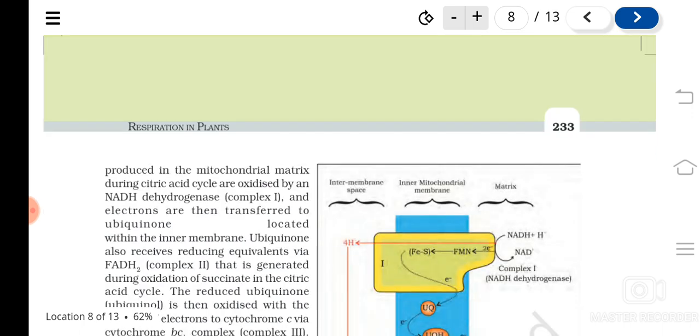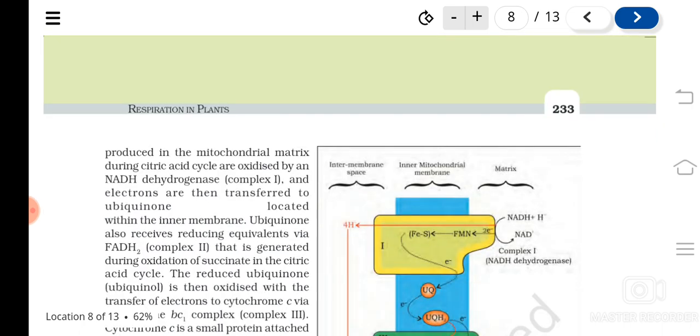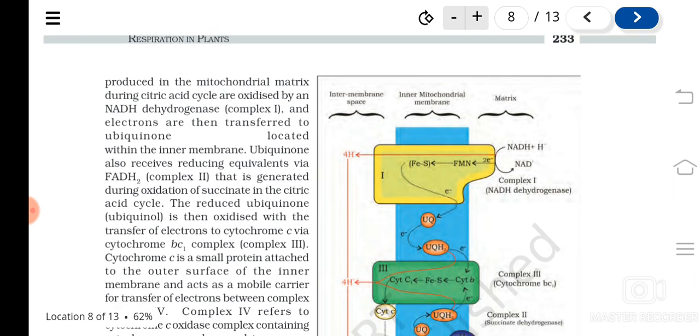Understood? So the first complex is NADH dehydrogenase. And then ubiquinone, another molecule, receives reducing equivalents, that is electrons, from FADH2, and they are arranged according to their oxidation reduction potentials.